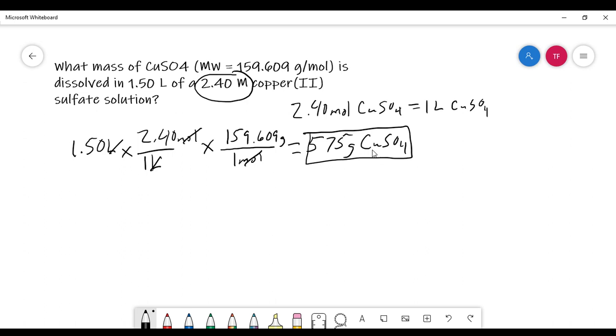I have to figure out how many grams of a solute I would need in order to make this volume of this concentration solution. This is a very common calculation that you should be very familiar with, because you will definitely need to do a calculation on the AP test like this.